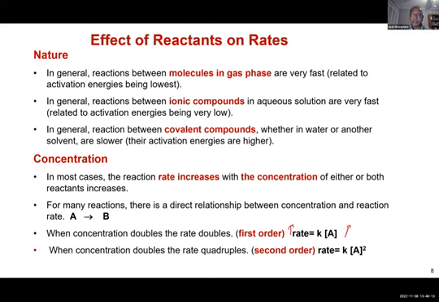But there are reactions which are called second order. The exponent is 2. If the concentration is doubled, the rate quadruples. Quadruple means 4 times, because if you double something, it becomes 4 times, 2 to the power 2. So in a second order reaction, concentration has more effect on the rate than in a first order reaction.